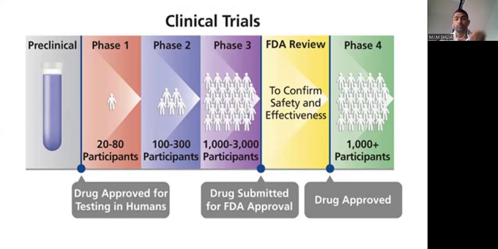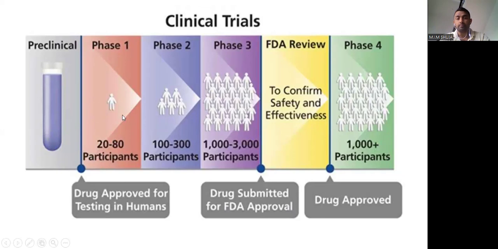Once you get the approval to test that particular drug on humans, in phase one you will select voluntary healthy humans, 20 to 50 or 80 participants. Then you perform the research.